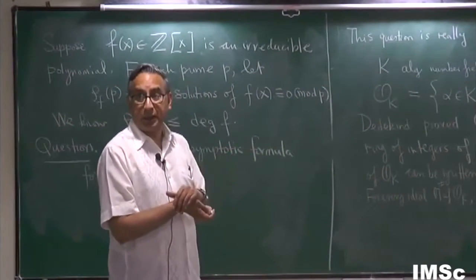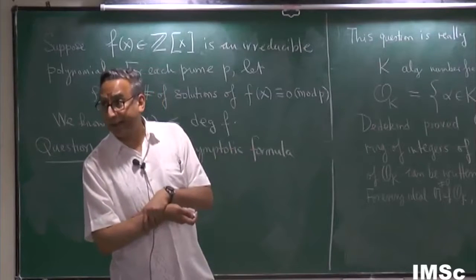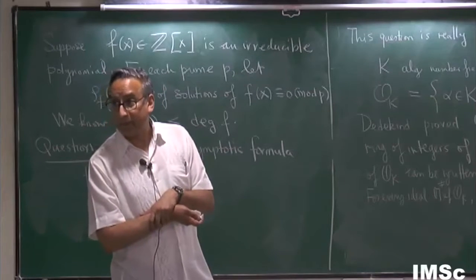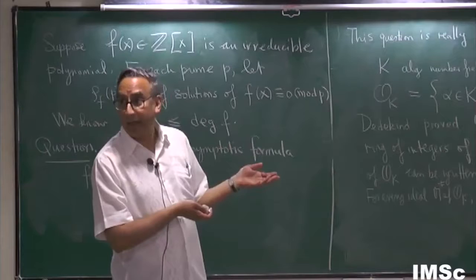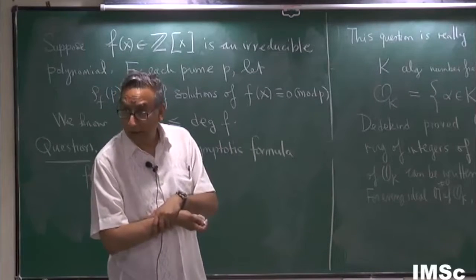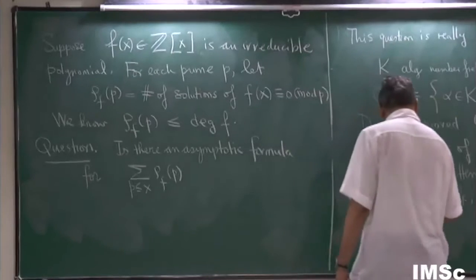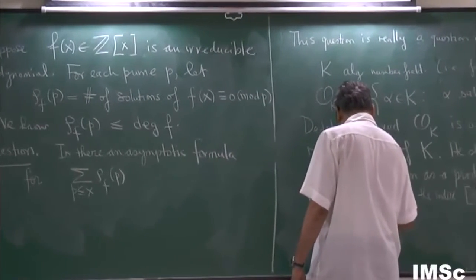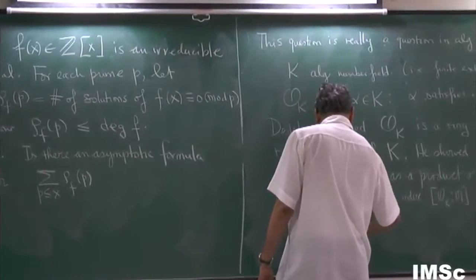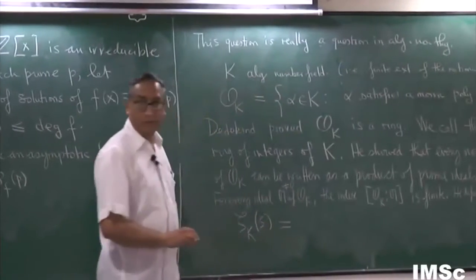And he shows that the norm is a multiplicative function on ideals. That is, the norm of A times B is equal to norm A times norm B. Therefore, he defines the Dedekind zeta function. Well, he didn't call it that, but we do now. We call it the zeta function of the number field.